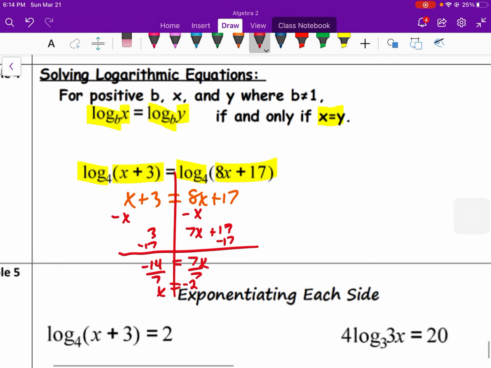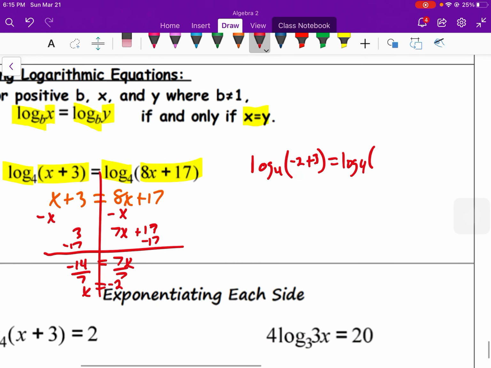And let's check it. Let's plug it in. Let's substitute it. Log base 4 of negative 2 plus 3 equals log base 4 of 8x plus 17, where x is negative 2. So we're verifying that the equation is balanced.